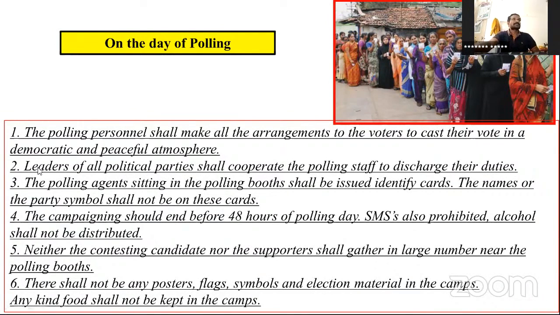Okay, second one: on the polling day, leaders of all political parties shall cooperate with the polling staff to discharge their duties. All the political party leaders should definitely cooperate with the polling officers. For example, these voters came to the polling station.